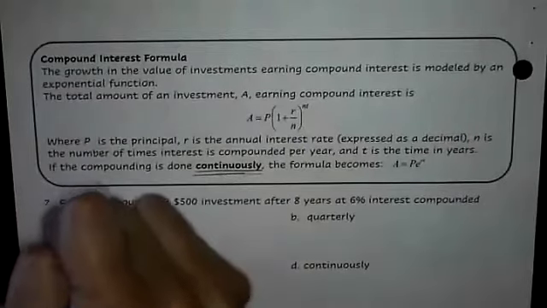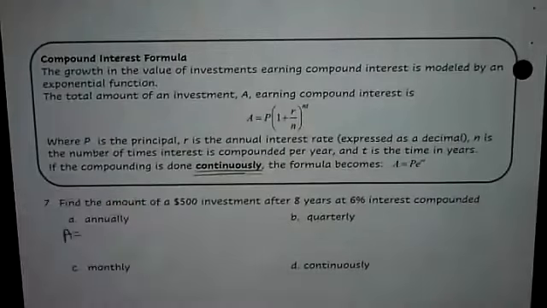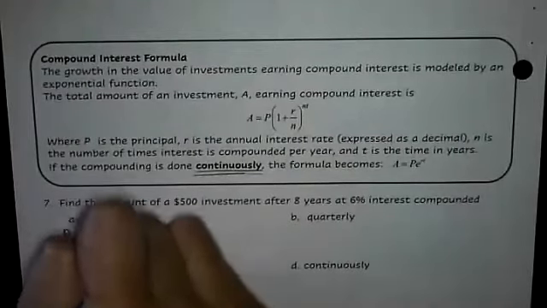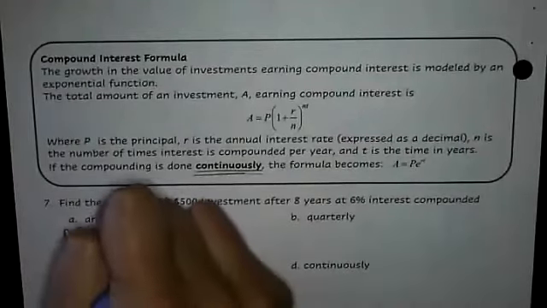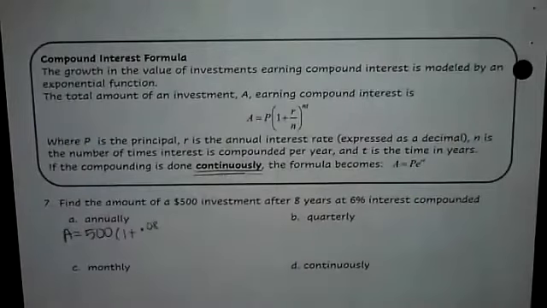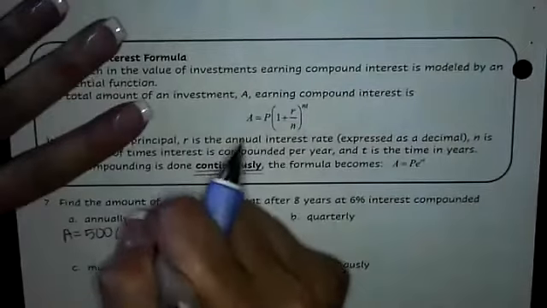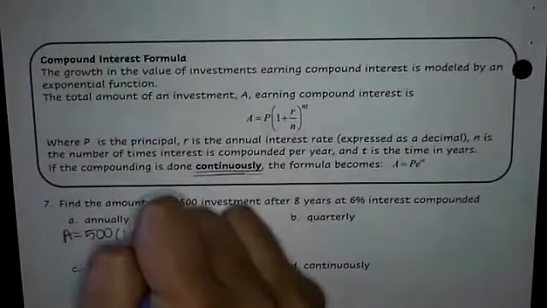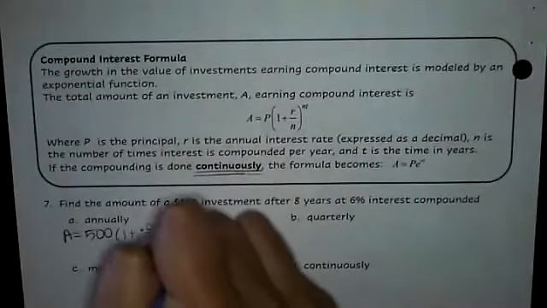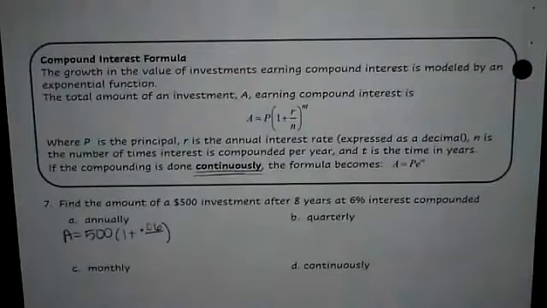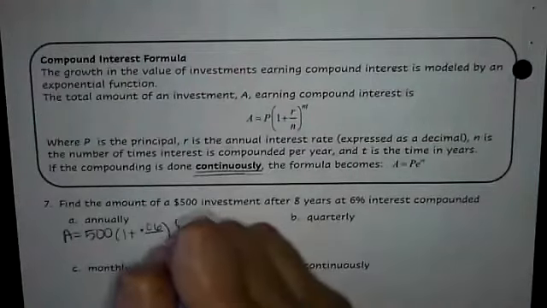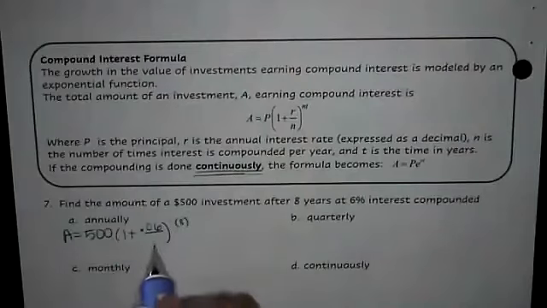So the only thing that changes in the formula, so we've got 500 is our principal, 1 plus 0.06, because that was the interest. And then the time is 8 years. The only thing that changes in this formula is going to be the N value.